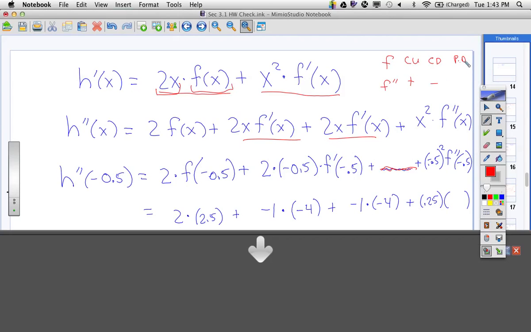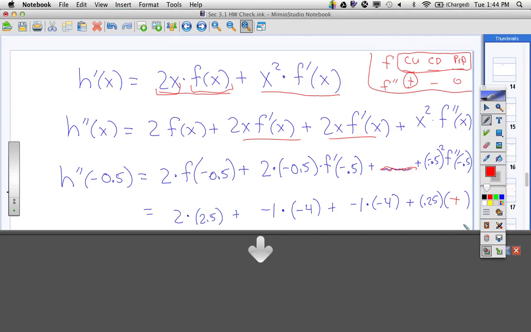Possible inflection point, 0. Those are the only 3 things that compare f and f double prime. So look at the f graph at negative 0.5, and which one of these 3 do you see? You see concave up. It's basically a parabola. So at negative 0.5, you can tell that f is concave up. Therefore, f double prime is positive. We don't know what its number is, but we know that it's positive.